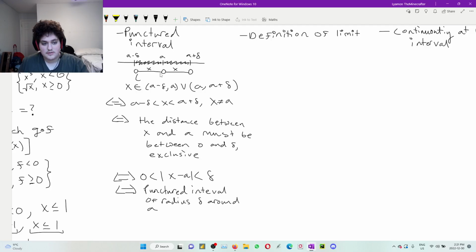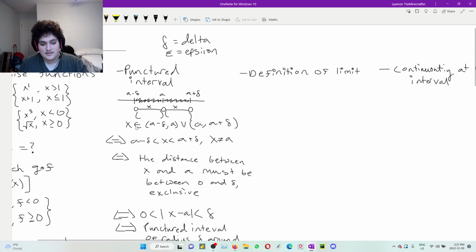We can write that in this notation: the union of the sets from A minus delta to A and A to A plus delta, and we can also write it in this inequality notation, where x is between these but it's not equal to A. You can also write it as A minus delta to A, or A to A plus delta.